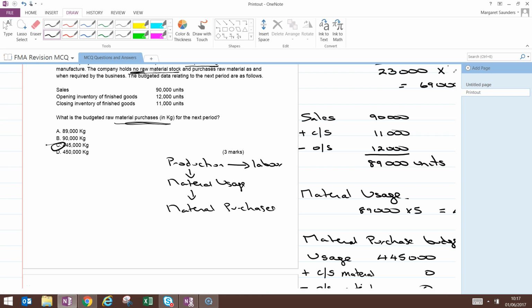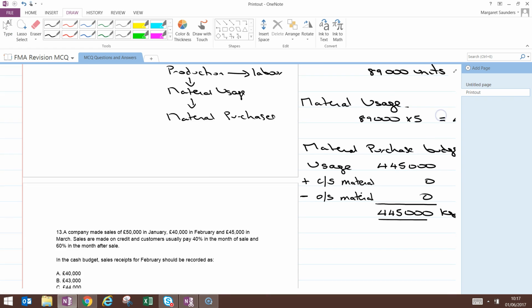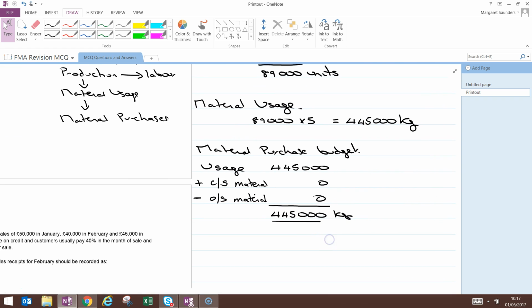So that's taken a look at some of the functional budgets. So we've seen here production budgets, we've seen here material usage budget, we've seen here the material purchase budget. That purchase budget is the quantity of material we need to purchase. If the question asked us for the value, then we would just have to multiply that by how much that material costs per kilo.